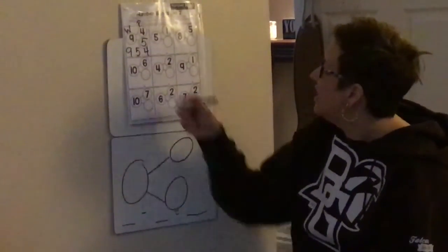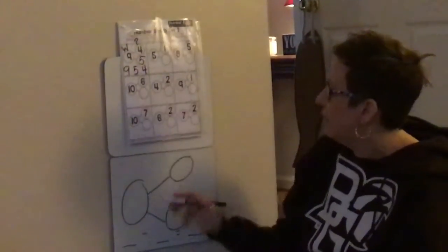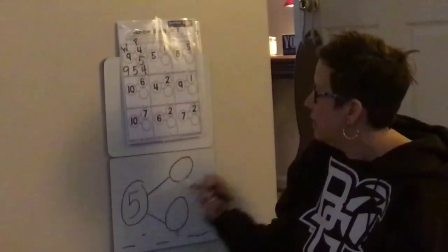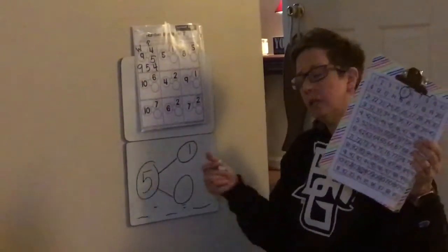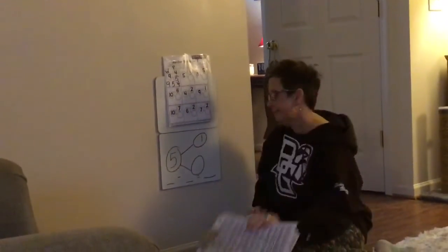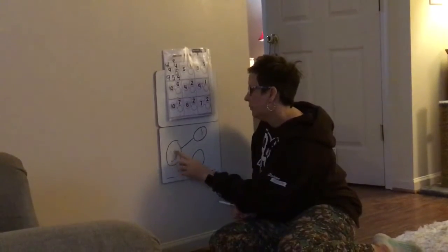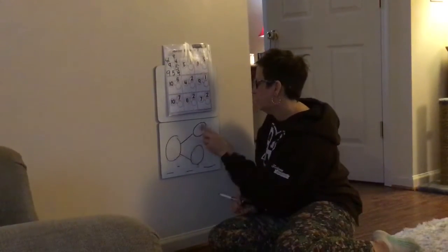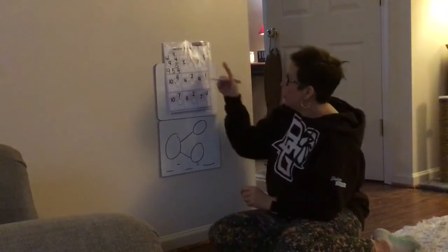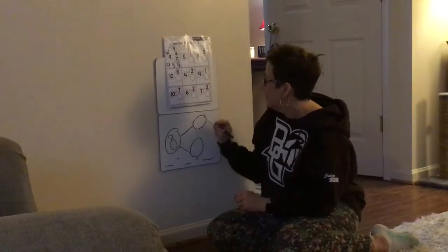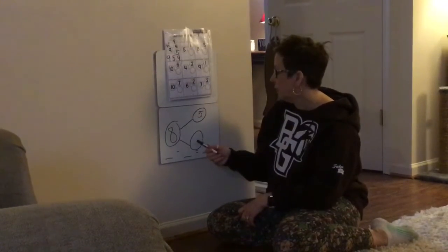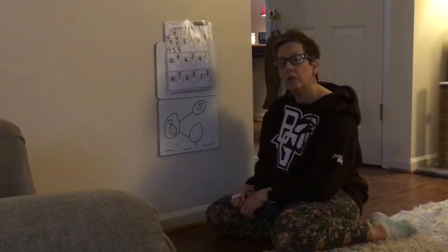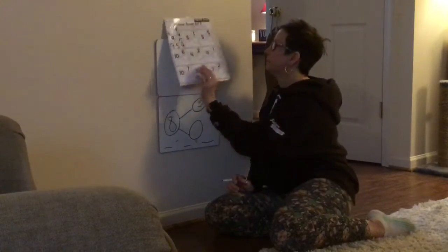I know that's kind of messy, but I think you guys can figure it out. So the first one, you're going to fill in 5 and 1. Please use your number grid to solve. Then you're going to do 8 and 5 and solve. Fill in the last circle, fill in your number sentence.